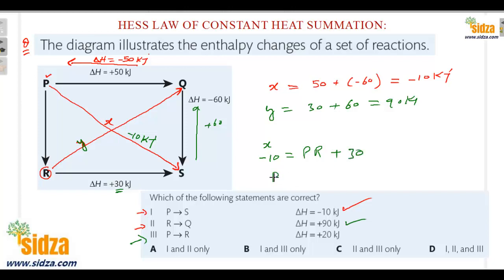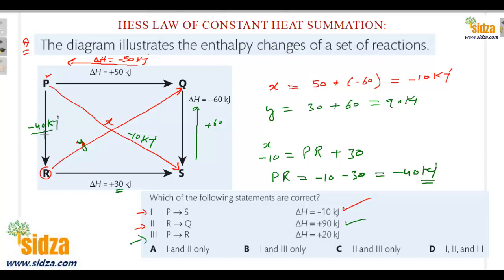So P to R will be equal to minus 10 minus 30, which is negative 40 kilojoules. So when P converts to R, it will be minus 40 kilojoules.